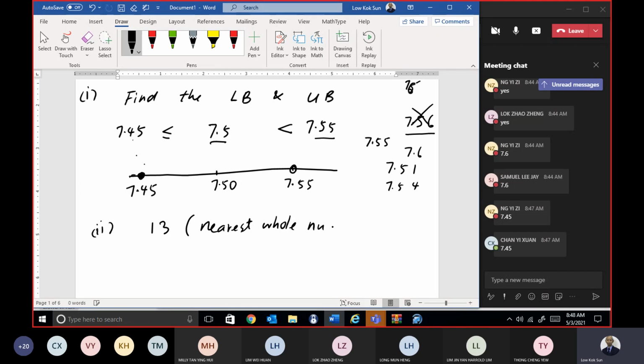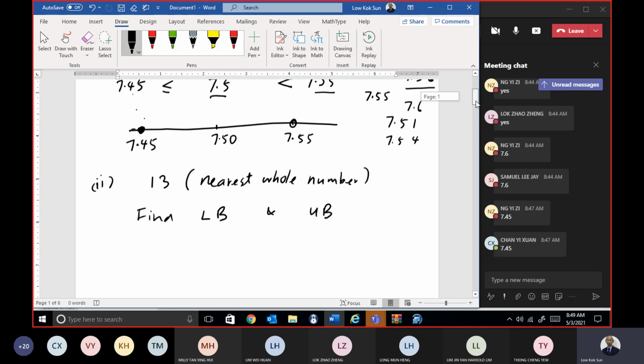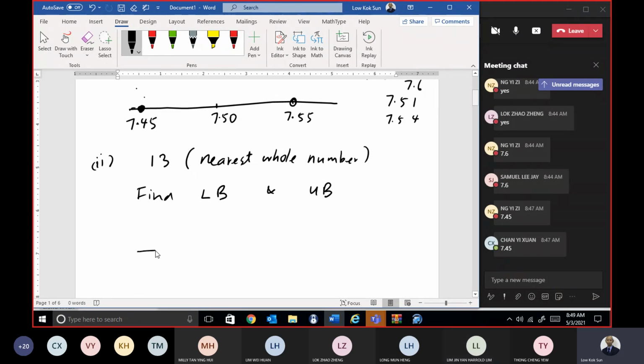So we want to find the lower bound and upper bound before you round up. So what we can do is this: before you round up, you have an upper bound and a lower bound.